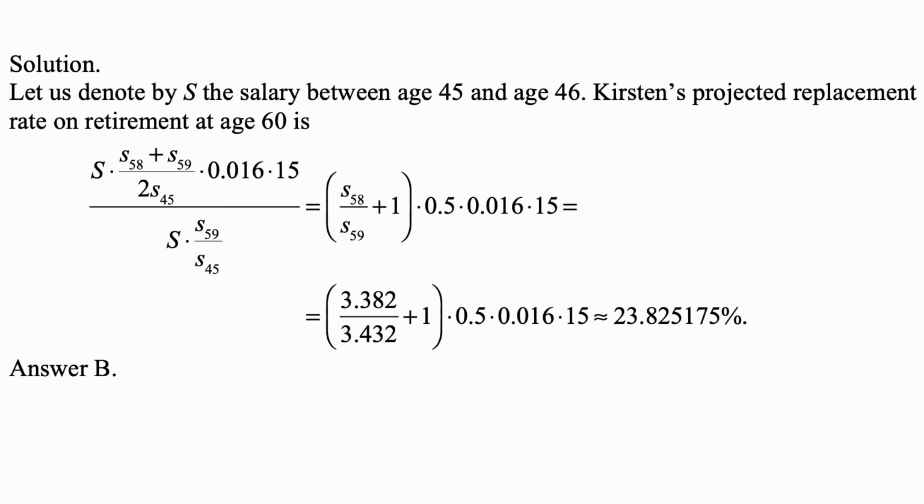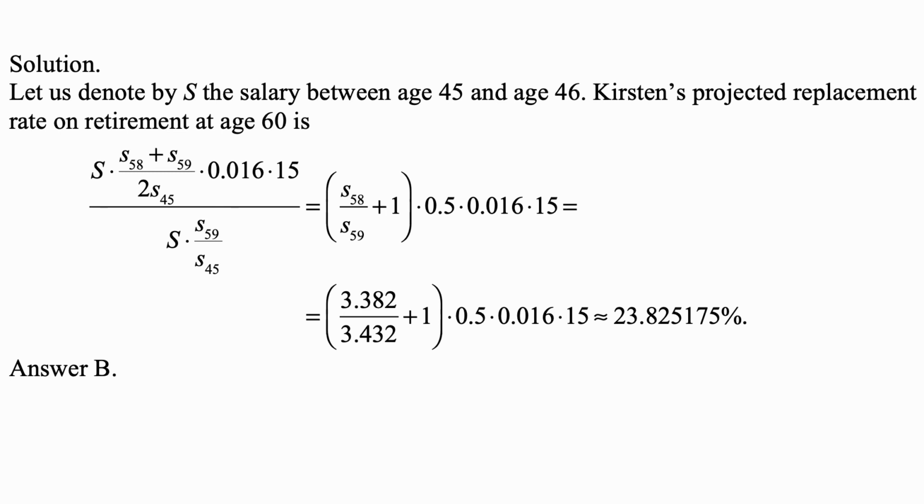Okay, well, some things cancel out here. Big S cancels, and both top and bottom have division by S45, so that cancels too. And we end up with (S58 over S59 plus 1) times 0.5, which is 1 over 2 from the average, times 0.016 times 15.